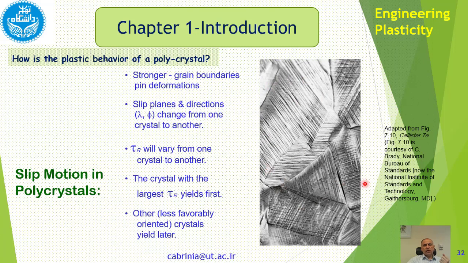Many of these crystals must yield so that the material yields. Okay, I have written here that the stronger grain boundary pin deformation. One of the things that happens here are these boundaries which hinder the plastic deformation.